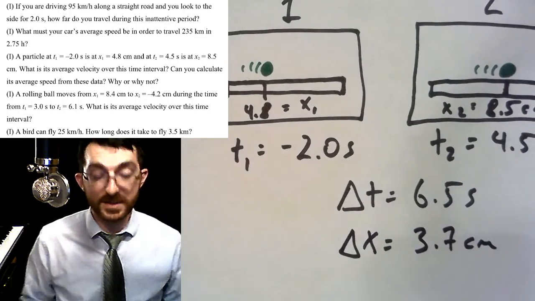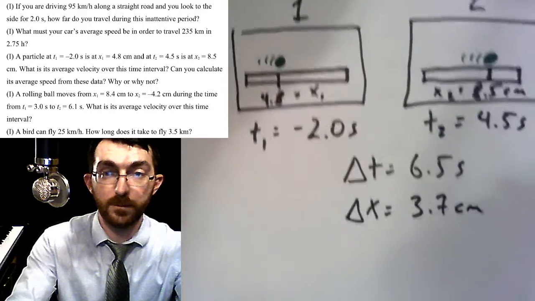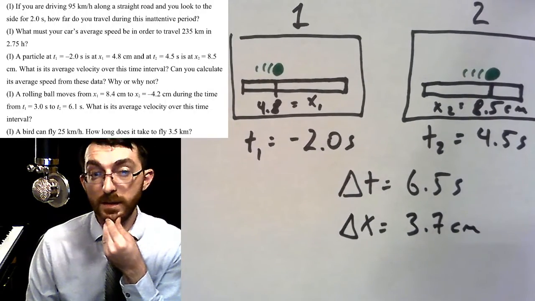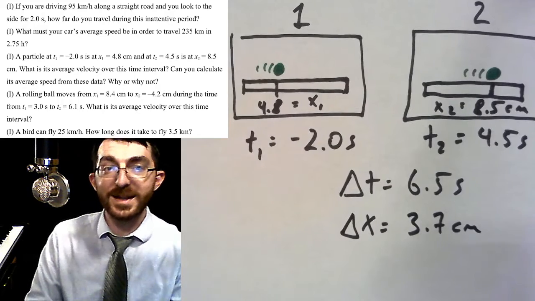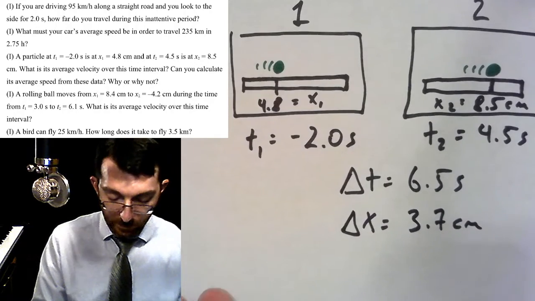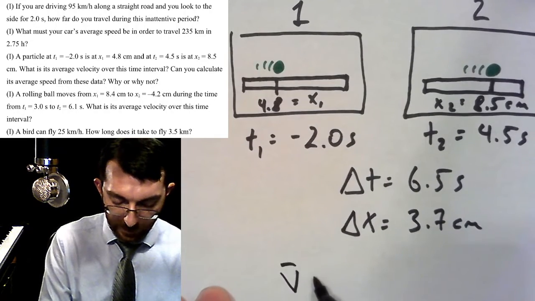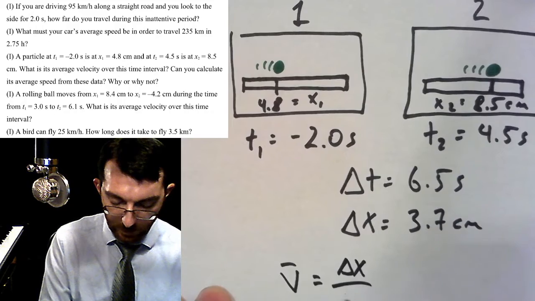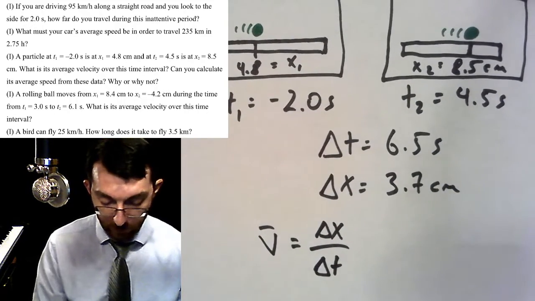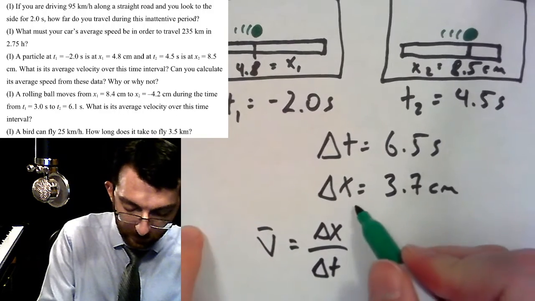So we've got a delta t, we've got a delta x. I wonder if it's going to ask us for a v. What is its average velocity over this time interval? See, the equation average v equals delta x over delta t can be solved with a straightforward plugging in of numbers.